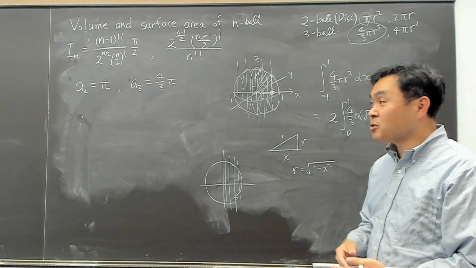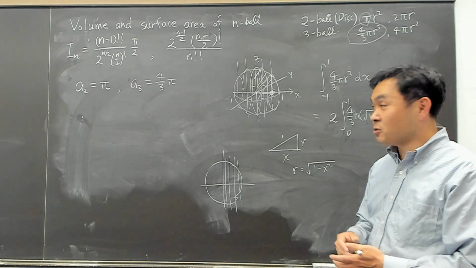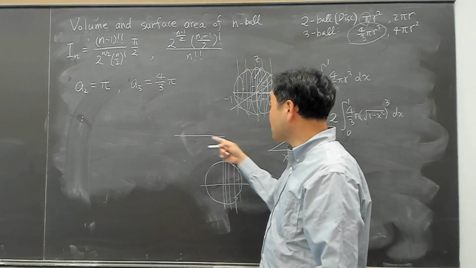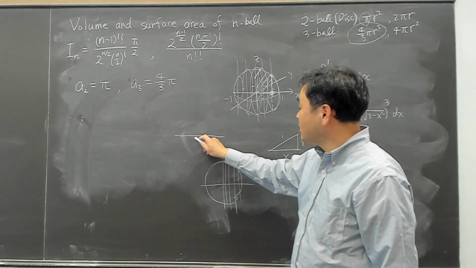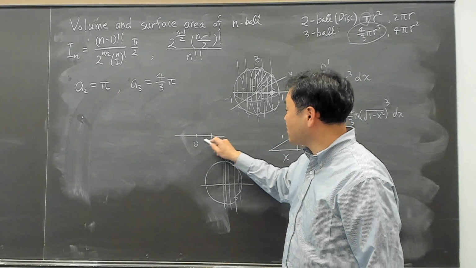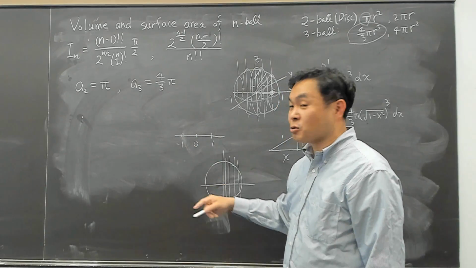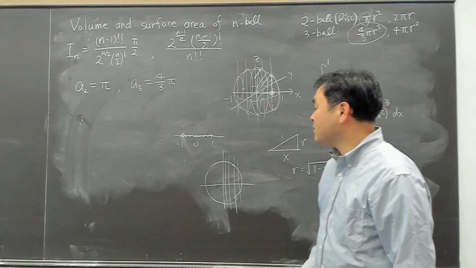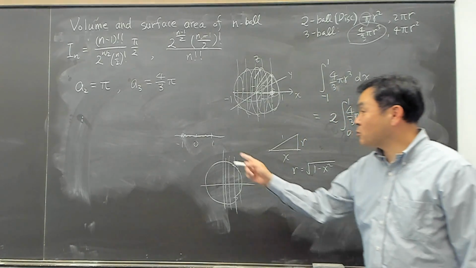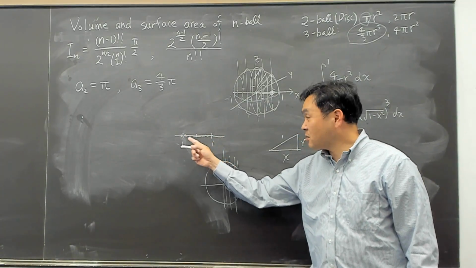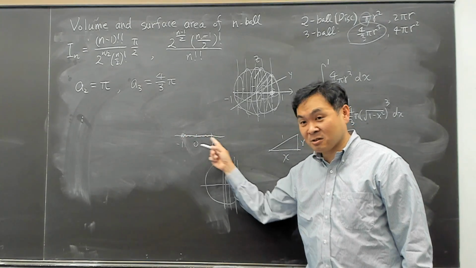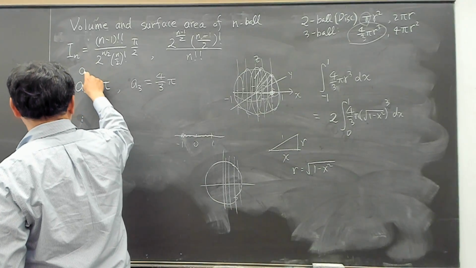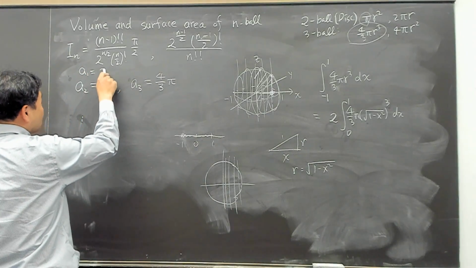See, in dimension 1, the unit ball is really, well, dimension 1 is just the number line, right? And unit ball means it's a collection of all points that are distance 1 or less away from 0. So it's this. And in dimension 1, the volume is the length. So the length of this is 2. So we have to say A1 is equal to 2.